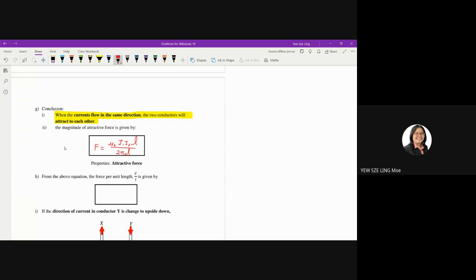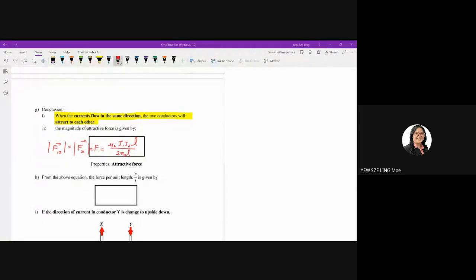It is also equal to the magnitude of F12 and the magnitude of F21. Even though the directions are opposite to each other, when it comes to magnitude, they are both equal to mu naught I1 I2 L over 2 pi d. That is the equation.